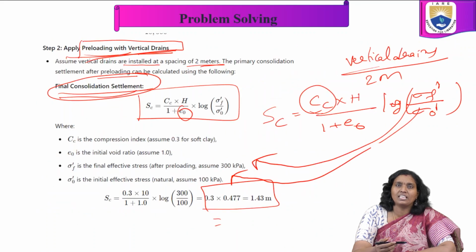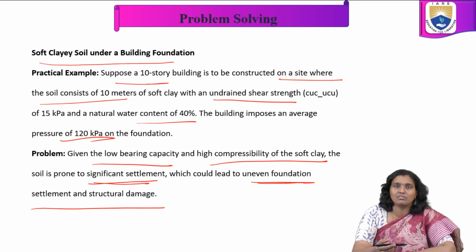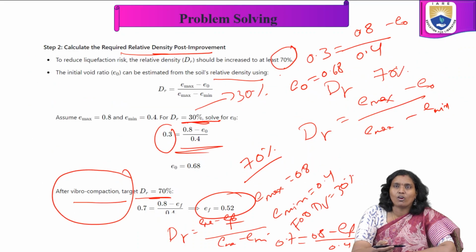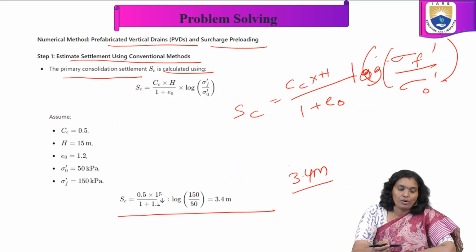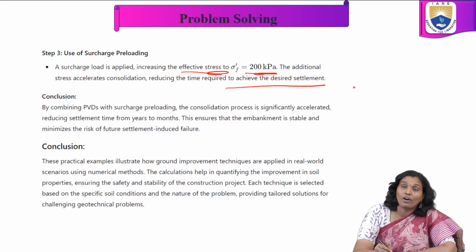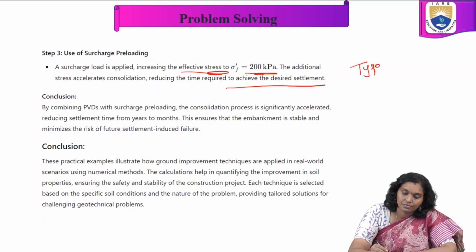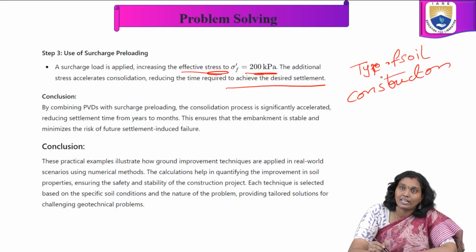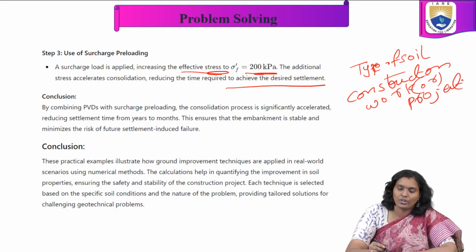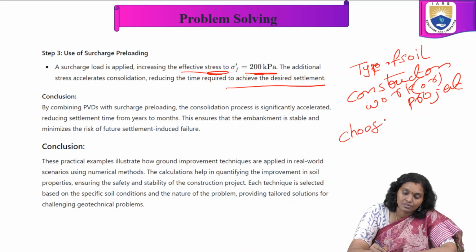In observing these three different types of numerical methods which we follow for these ground improvement techniques, what we understand is that it depends on the problem, the type of soil, and what type of construction work we are going to do in our project. According to that, we choose the technique.